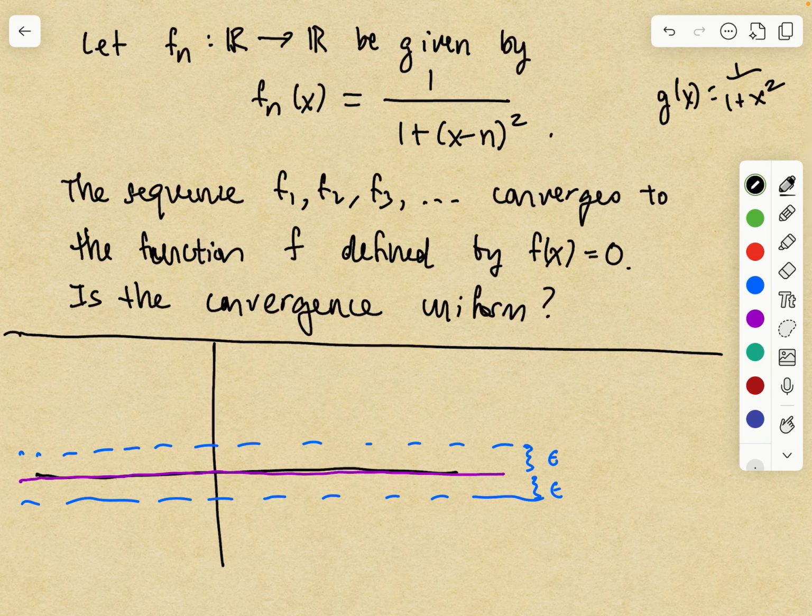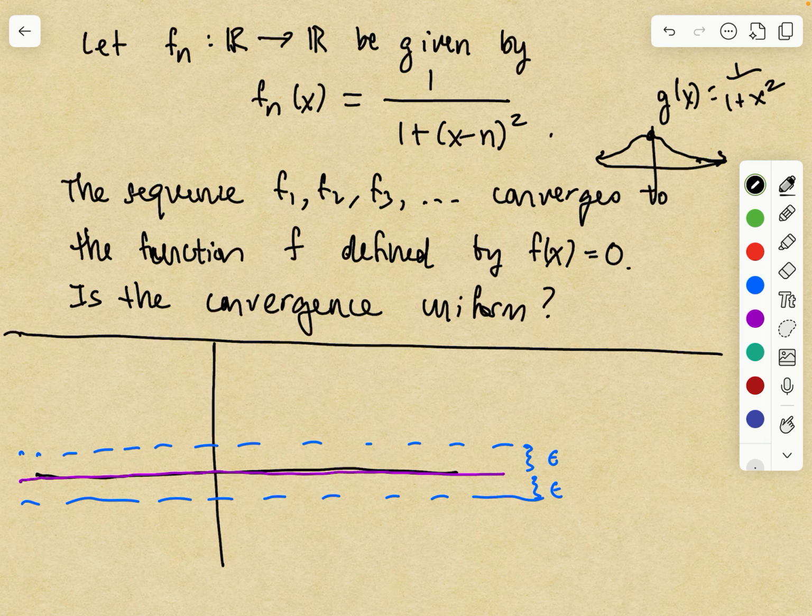When you plug in x equals 0, you get 1. And then this function has horizontal asymptotes of 0. That's what the graph of this function looks like.